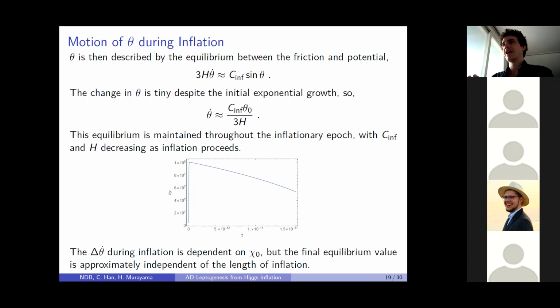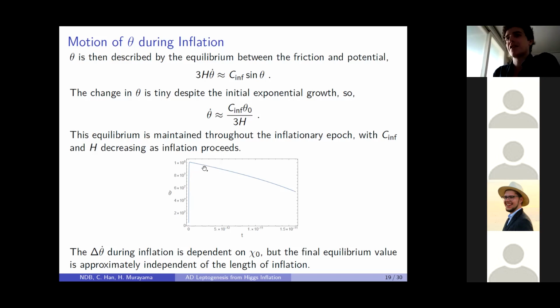I've got to be careful because I'm doing very simplistic things here, but this whole dynamics is actually very complicated, and that's one of the things I was saying before, that we don't want the theta dot to affect the inflationary trajectory. Okay.